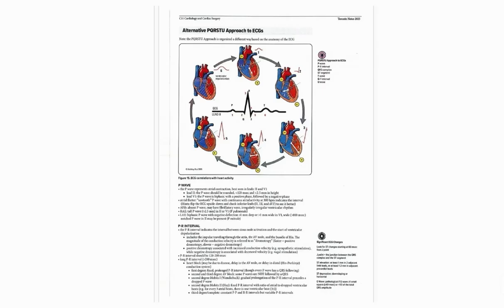The common causes include certain medications, electrolyte abnormalities such as hypokalemia or hypomagnesemia, and congenital long QT syndromes. And that's it. So, 7, U wave. Finally, the U wave is a small deflection that follows the T wave.